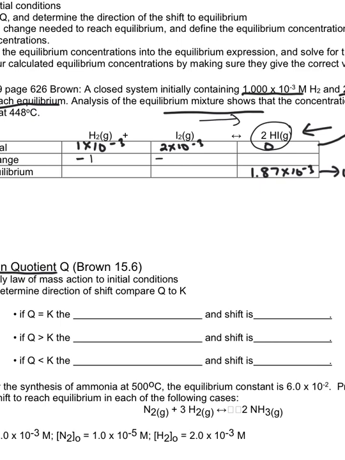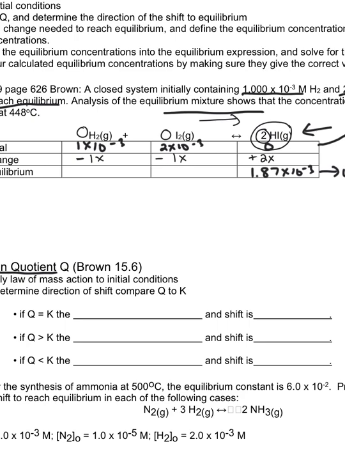So this one is going to go down by negative 1x, and so is this one, because the coefficients out in front of them are 1s. The product concentration is going to go up by the stoichiometry, but there's a 2 in front of it. So for every 1 molecule of hydrogen and iodine that reacts, there are going to be 2 molecules of HI formed. So whatever that change is for H2 and I2, the change of HI is going to be plus 2x.